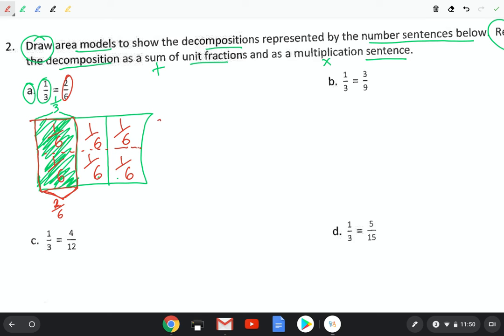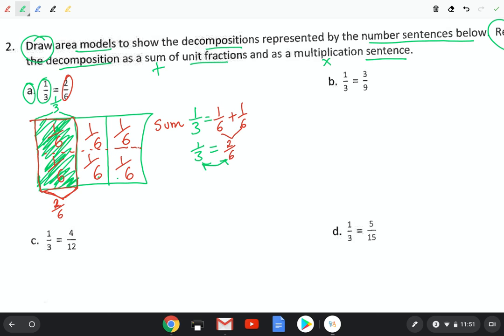So remember, to write the sum, I began with the fraction that I started out with, 1/3. And then I can say 1/3 is the same as 1/6 plus 1/6, because 1/6 plus 1/6 is 2/6, which means that 1/3 is the same as 2/6. Okay, they're equal. And so that would be the sum.